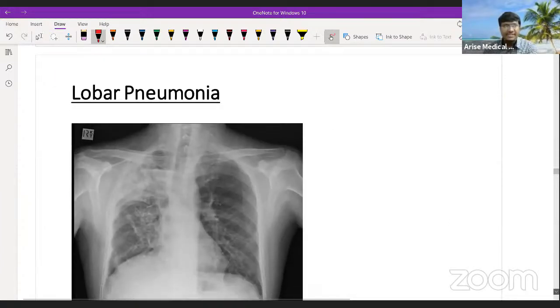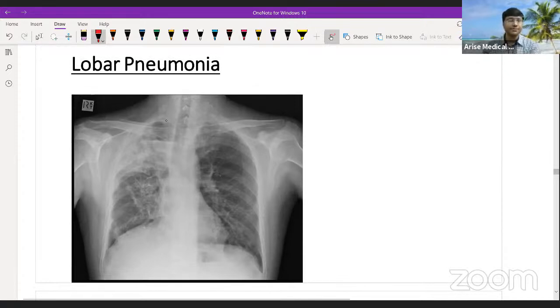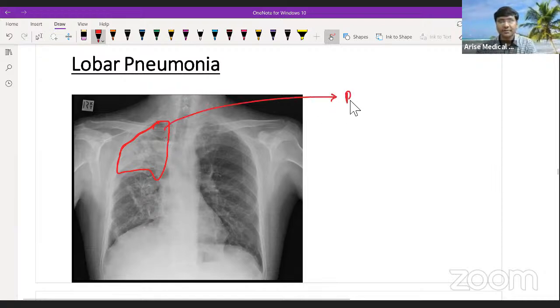So this is the chest X-ray of lobar pneumonia, and you can make out it is the entire right upper lobe of the lung.